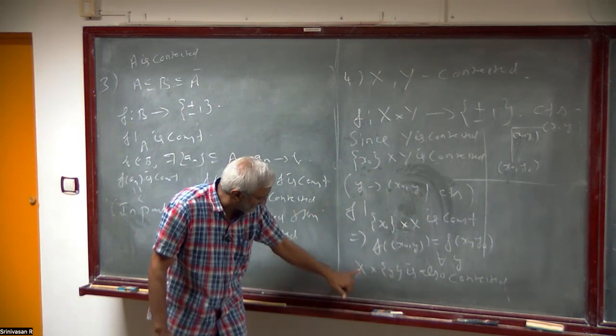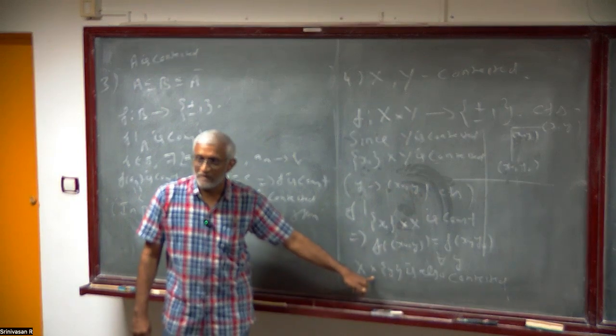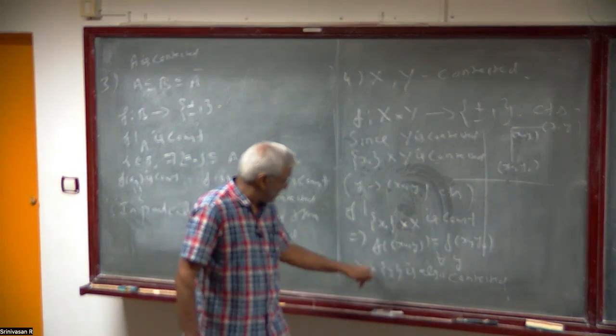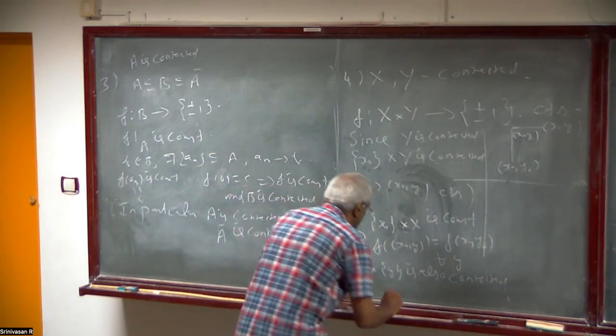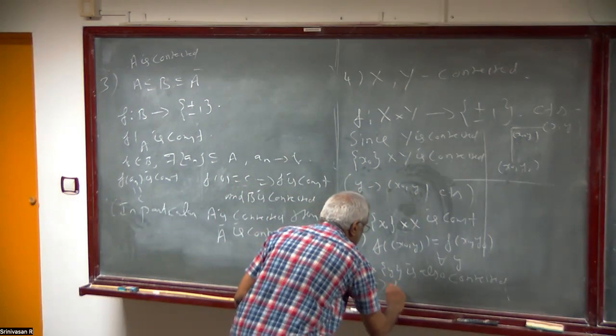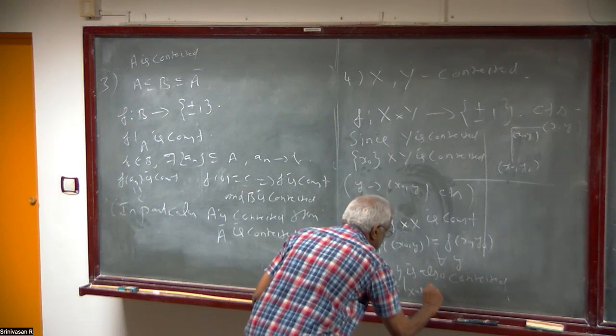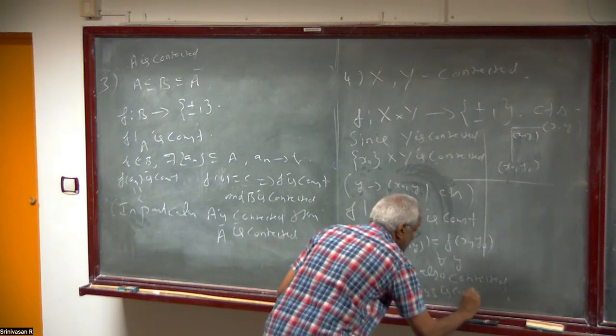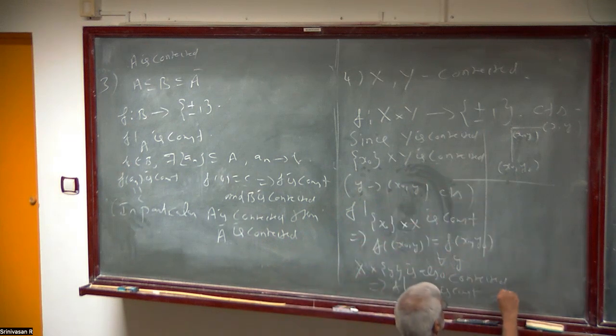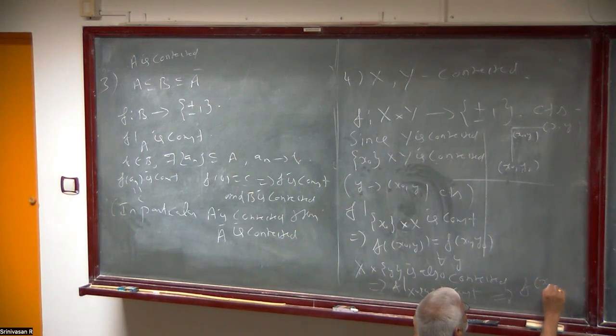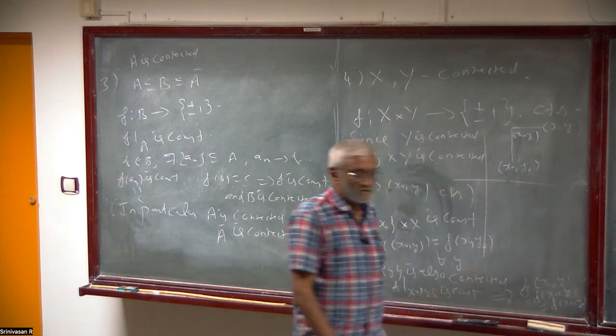So this just means f restricted to this is constant. So this implies f of (x, y) is the same as f of (x0, y), which we have already proved is equal to f of (x0, y0). So it's done.